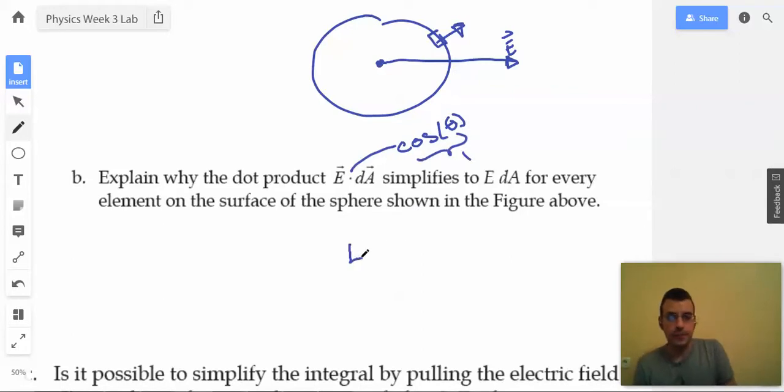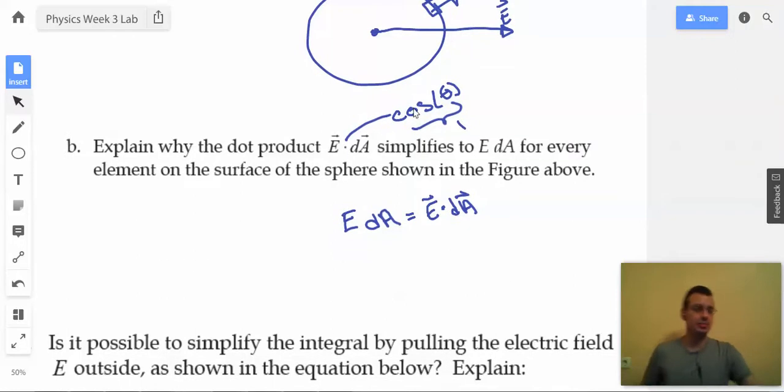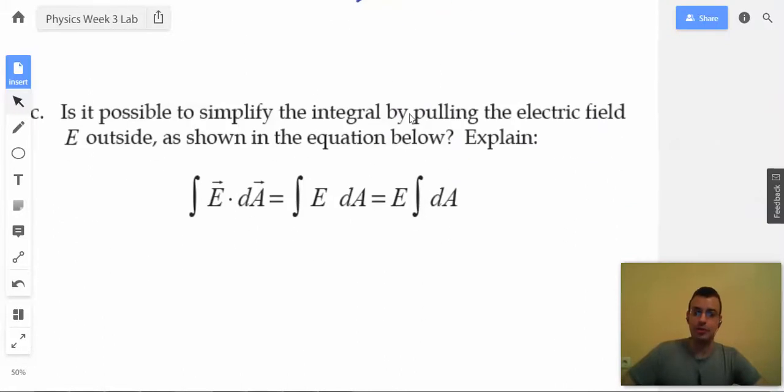So E dA equals E dot dA. And the reason we lose the vectors is because dot products produce scalars. And that's math. Explain why. You should probably say it a little bit more formally than just math, but I would call math a reasonable answer.